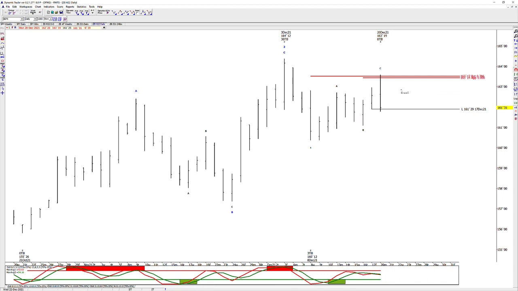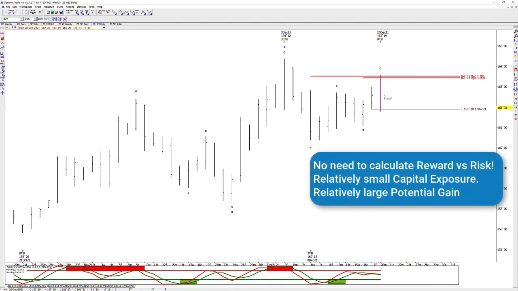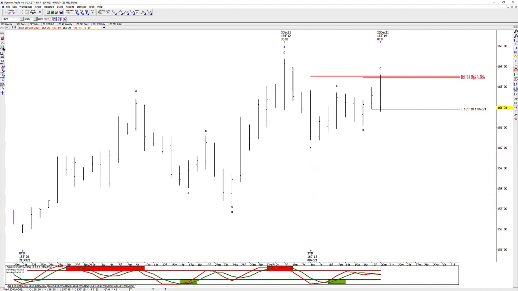Do we need to get the calculator out to figure any kind of reward to risk? The so-called risk or capital exposure is basically the range of the entry day, with the probability of not just continuing lower below the December 8th low, but continuing lower below the October low, and maybe considerably lower if indeed this is the beginning of a wave 3, actually a wave 3 of 3.